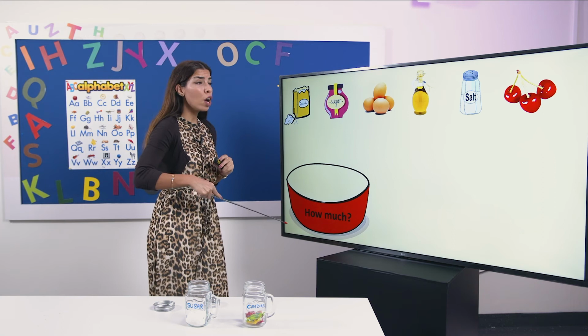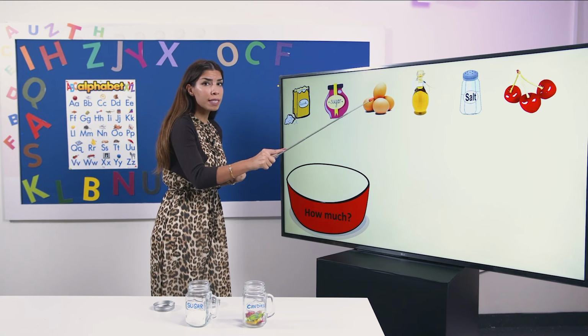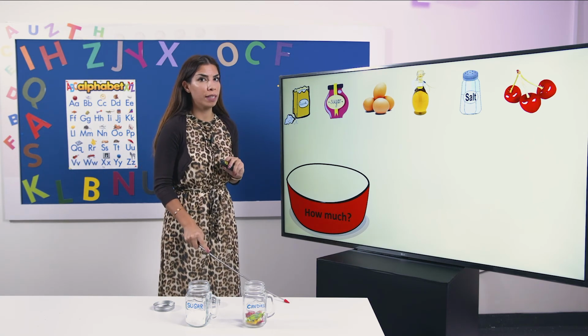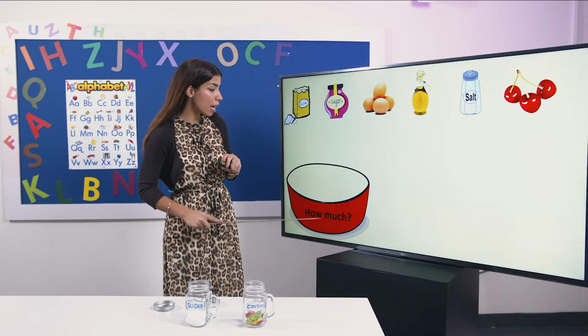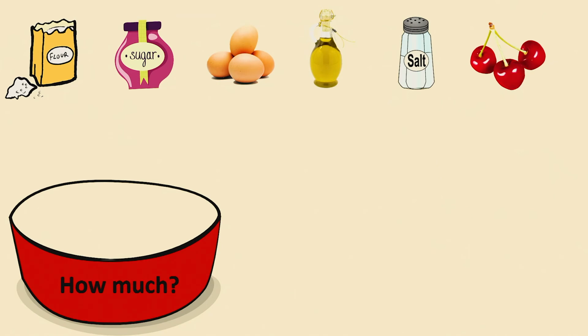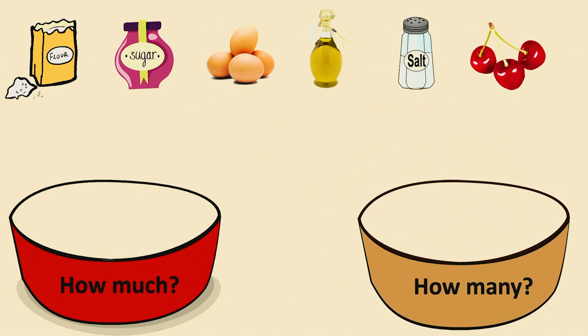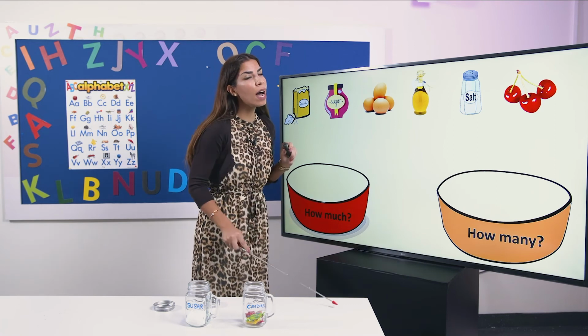In here, we will put the items that are uncountable. To ask about the quantity of these items, I use how much. And in here, I will put the items that are countable. To ask about the quantity of these items, I use how many.